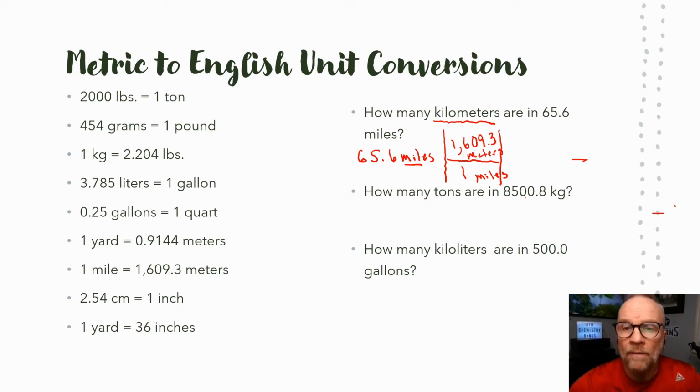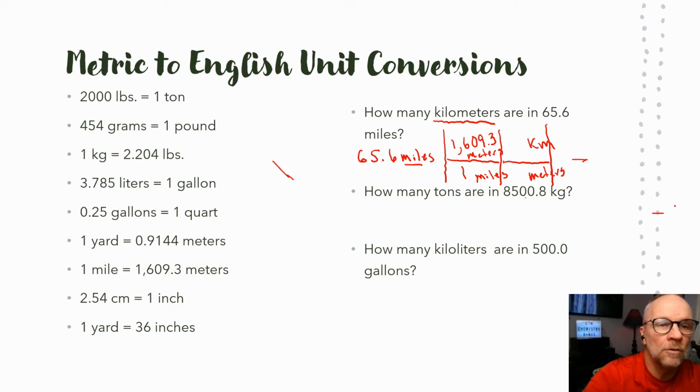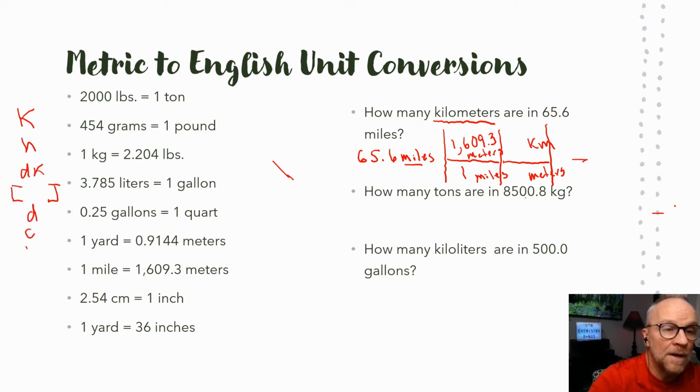So we're going to have another conversion factor here. Meters will go on the bottom and kilometers will go on top. Now we are back at one of the first units of our chemistry class, and we need to convert kilometers to meters. So we'll have our handy saying, kids have died over doing conversions metric.